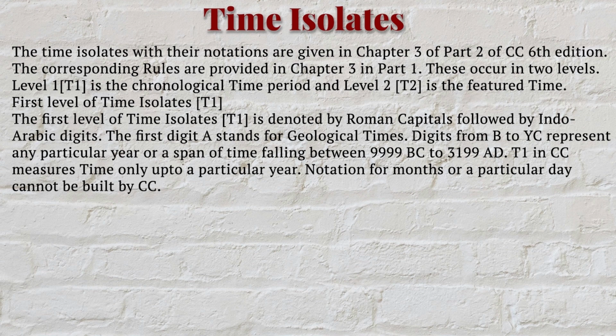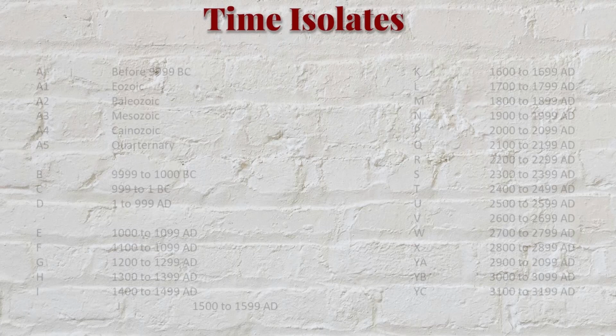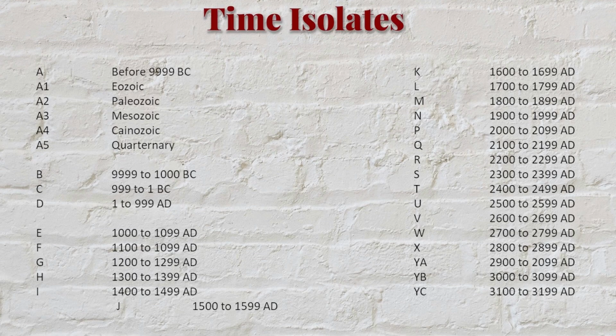T1 or level 1 time facet in CC measures time only up to a particular year. Notation for month or particular day cannot be built by colon classification 6th edition. Here we present the notation denoting different centuries or different periods of time.